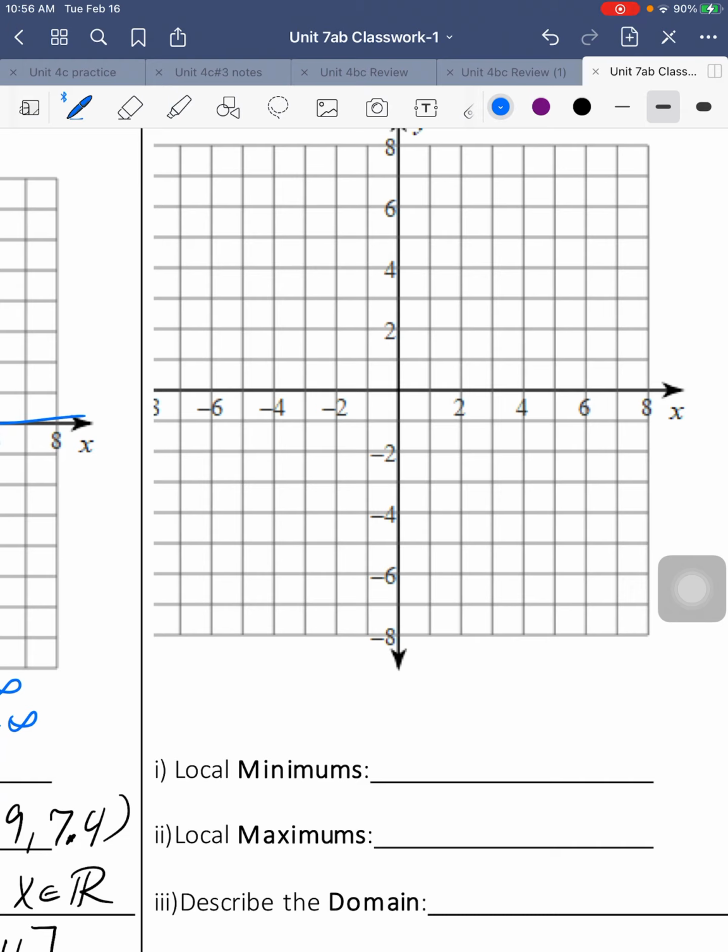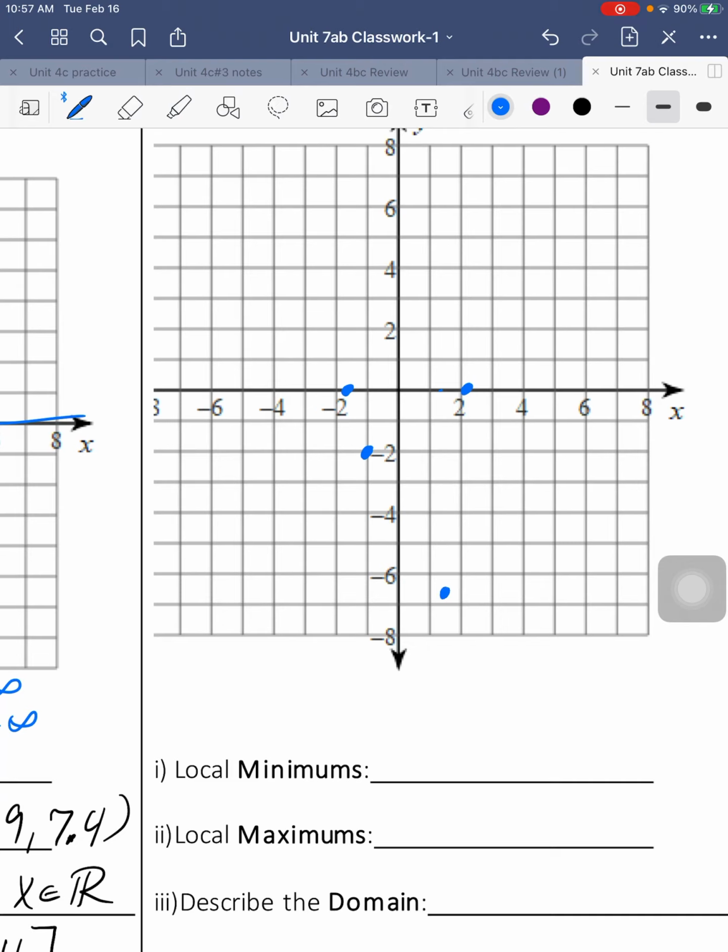Oh, I almost just wrote with an actual pen. Oh my goodness. -1.6, 2.1. It has a minimum at -1, -2. It has another minimum at 1.4, -6.8.